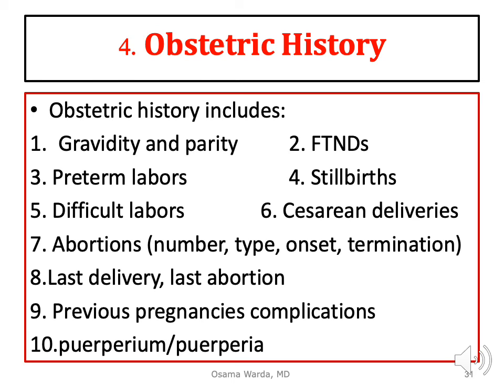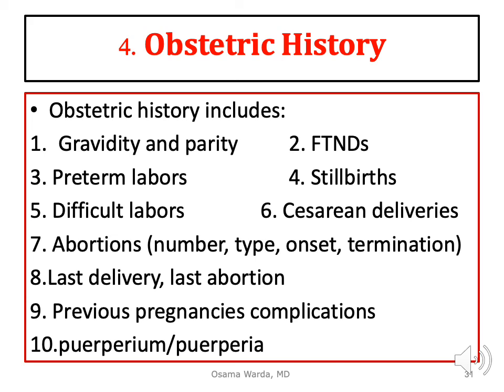If it presents with the breech, it is a difficult labor, and so on. Cesarean deliveries should be asked for. Cesarean delivery is the delivery of a fetus or fetuses with an abdominal and uterine incision after the 20th week of gestation.